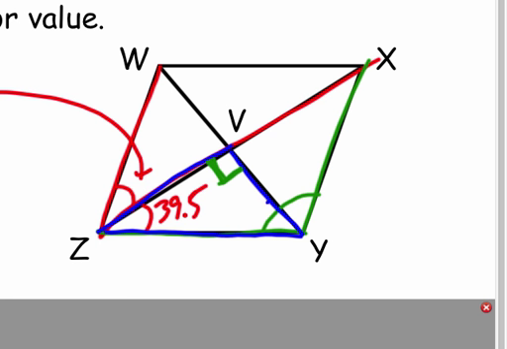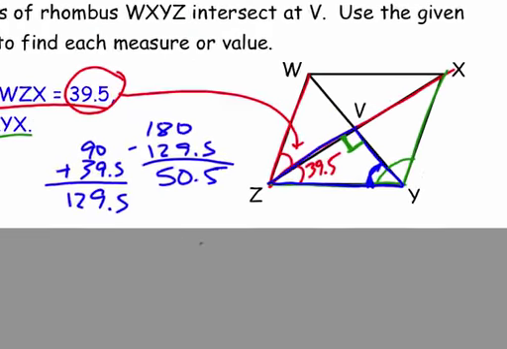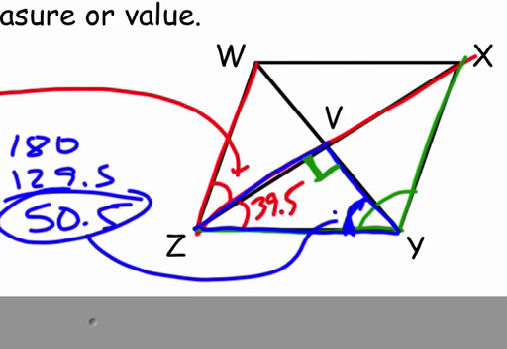To find this third piece of that triangle, I just subtract 90 and 39.5 from 180. So 90 plus 39.5 gives me 129.5. Subtract that from 180 and we get 50.5. So I know that this is 50.5 right in here.